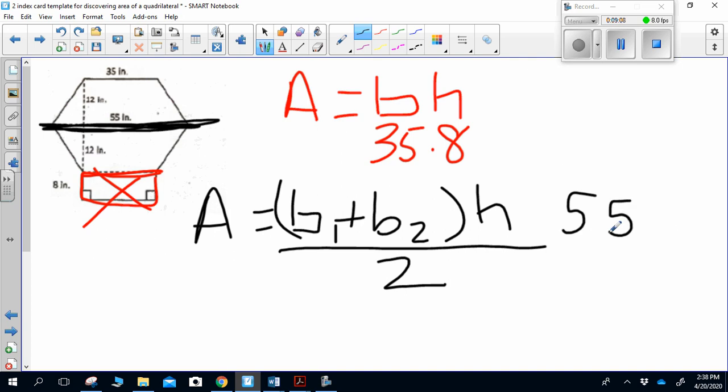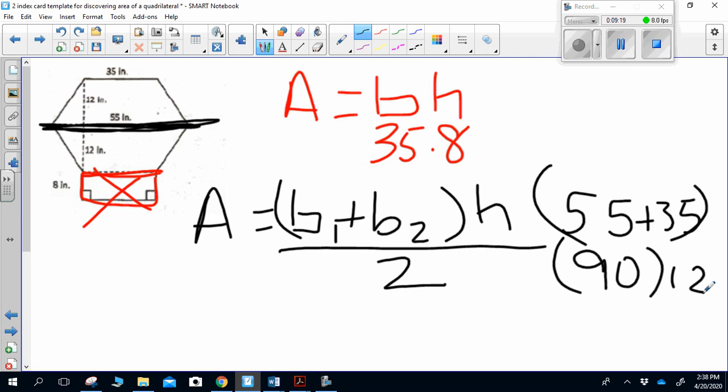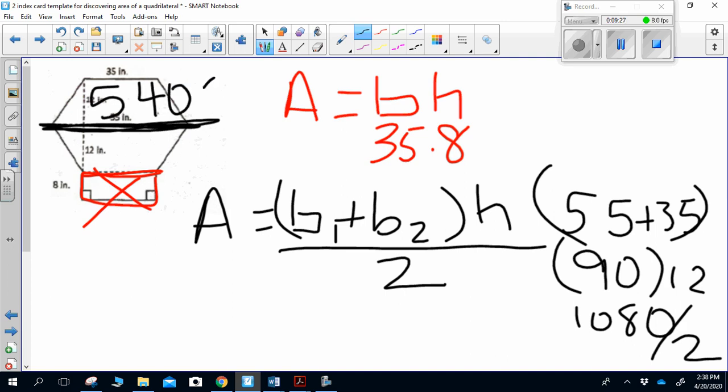Base 2 is 35. So 55 and 35 make 90 times the height, which is 12. So that's 1,080 divided by 2. So the area of this is 540 square inches. The area of this is also 540 square inches.